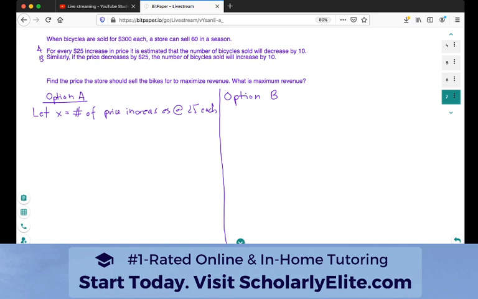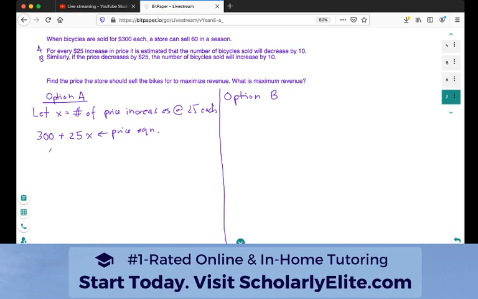So the price equation, well, we know that the price starts at $300, and if we're increasing it by $25 at a time, that's going to be this part of the equation. So that's the price equation. And then we want the demand equation, which is going to be that a store can sell 60 in a season when the price is at $300.